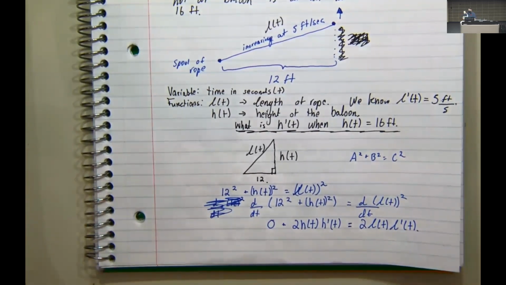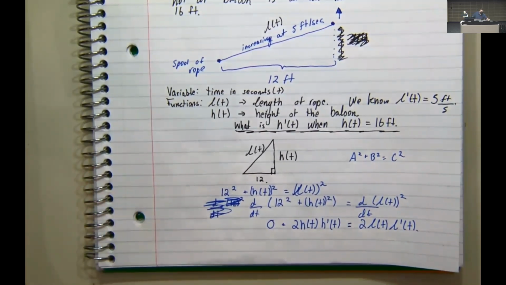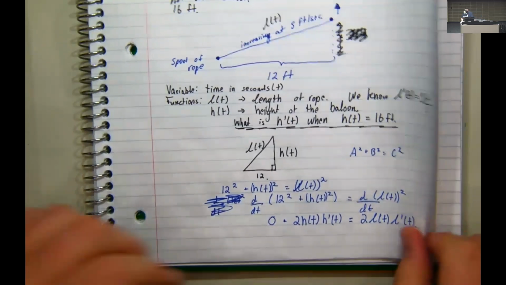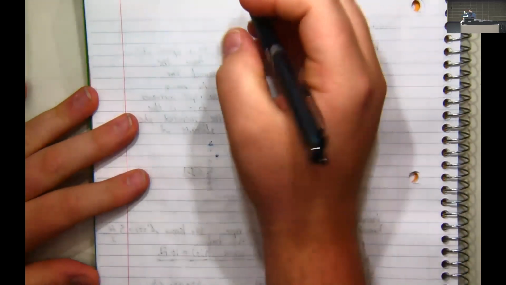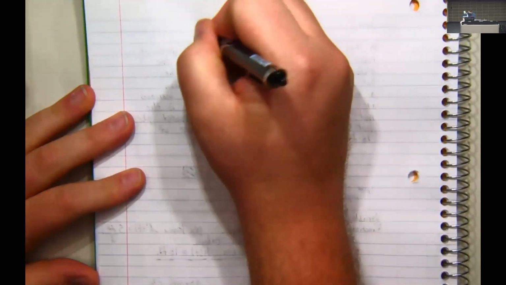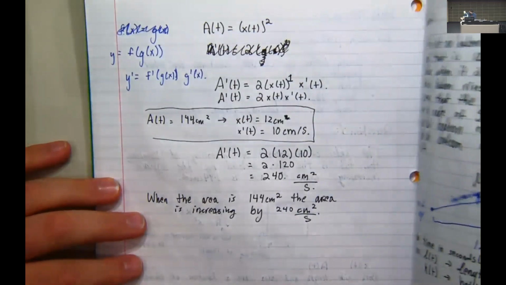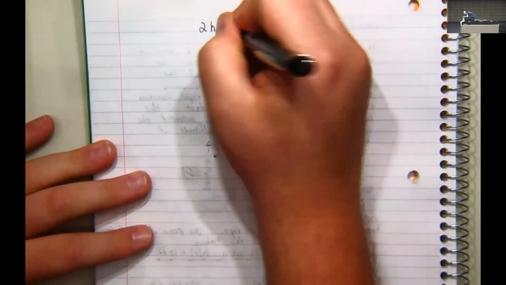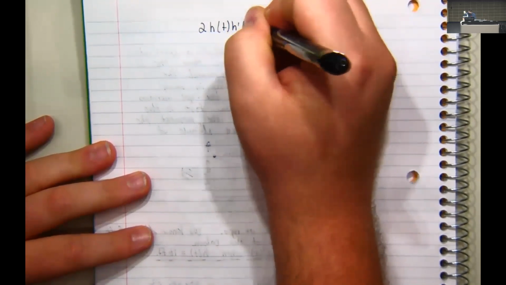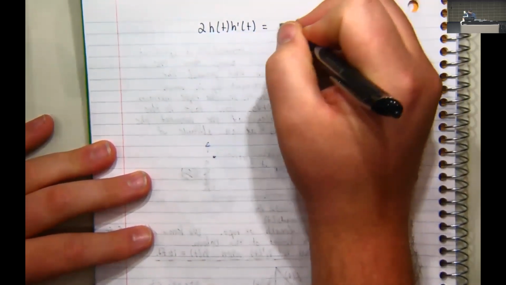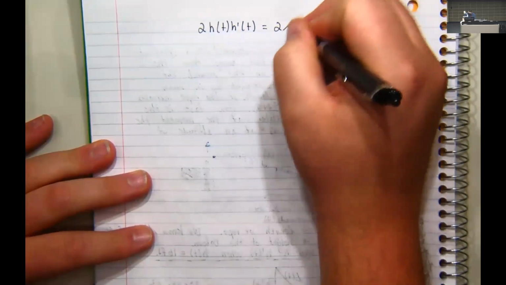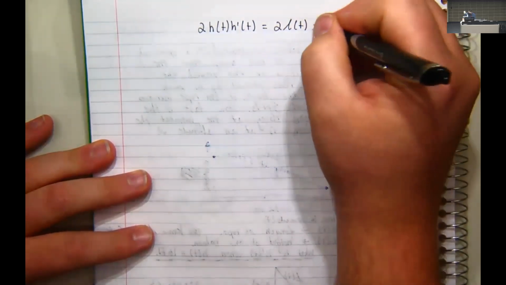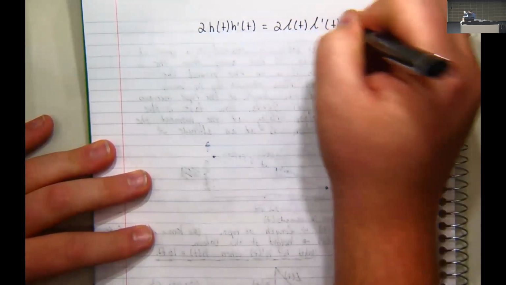Okay, I'm just going to rewrite that on the next page. So we have 2 h at t, h prime at t equals 2 L at t, L prime at t.